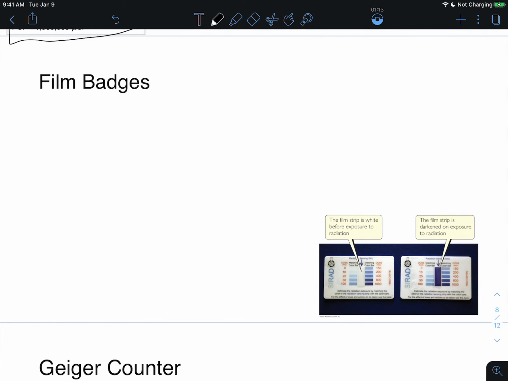A fairly common radiation detector is a film badge. They use this a lot in areas where people are going to be in contact with radiation, and they use it just to see what kind of exposure people are getting.